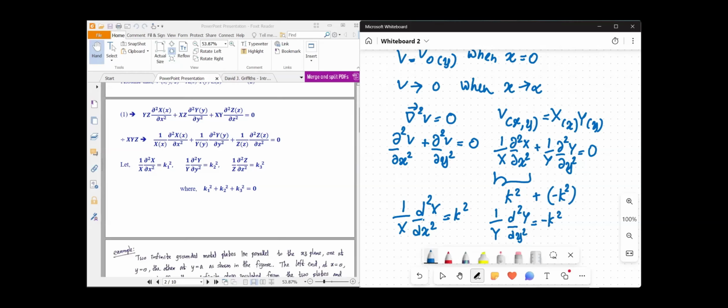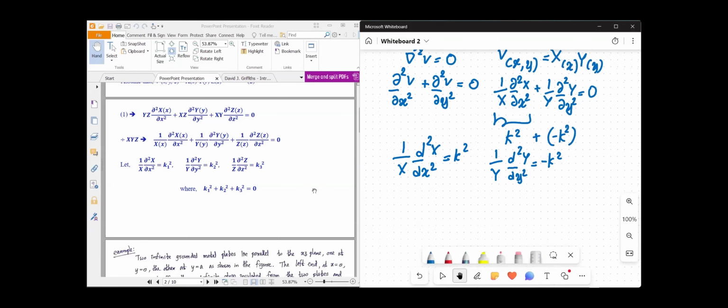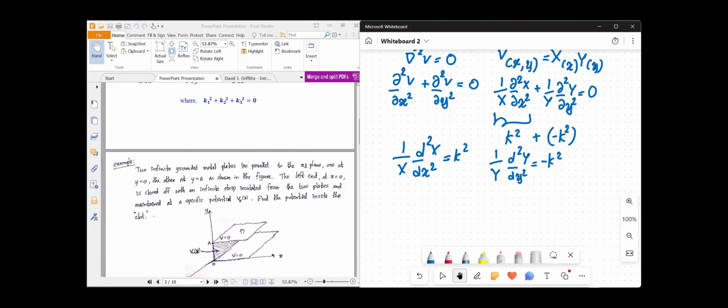Then by solving these two ordinary differential equations, we can obtain the potential variation between these two grounded metal plates.